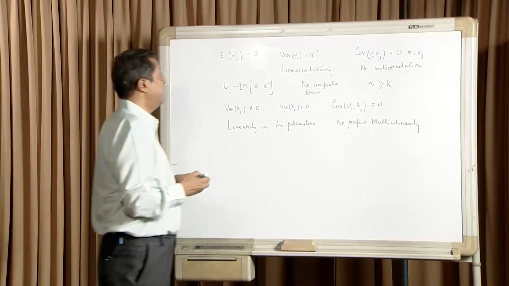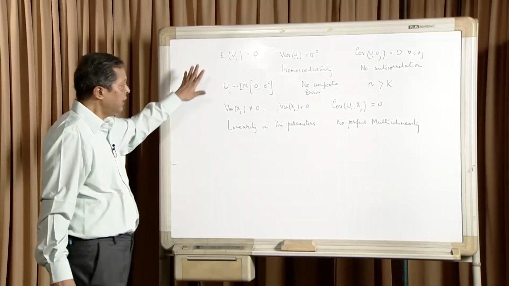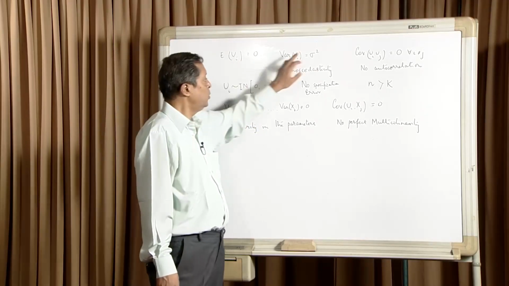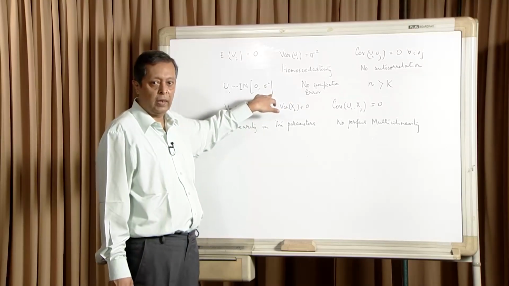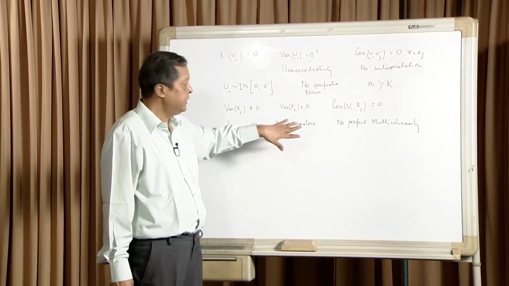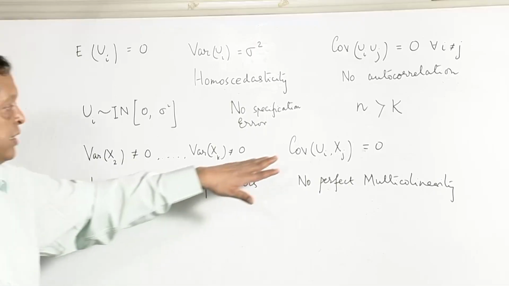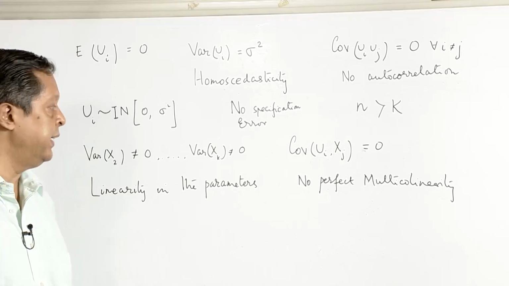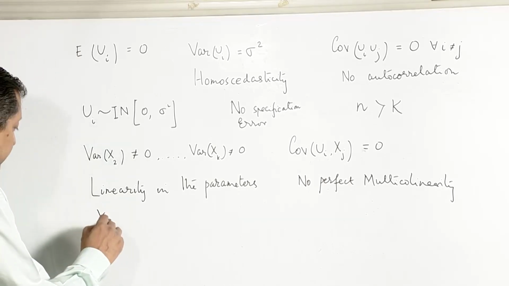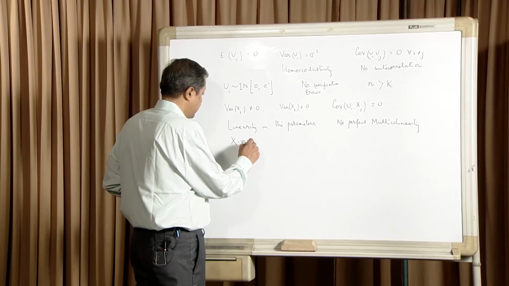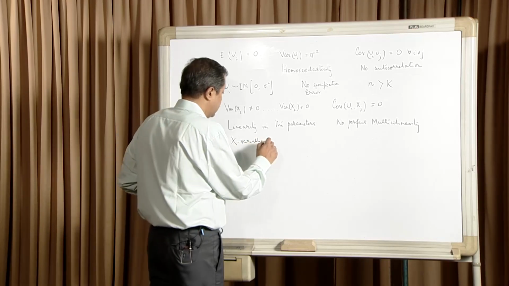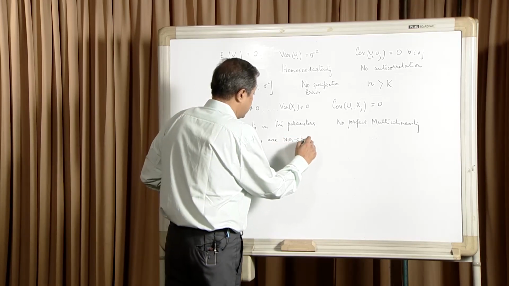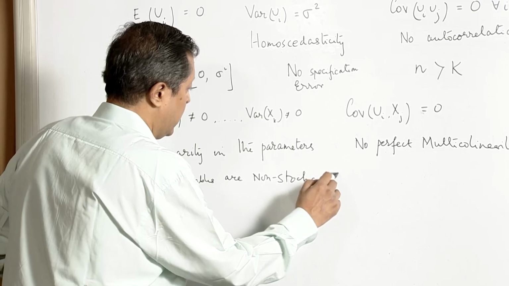No perfect multi-collinearity. So, these are the basic assumptions, but I repeat 1, 2, 3 and 4, these are fundamental, the others are ancillary. Moreover, this holds because we will be using cross section data, and in cross section data the x variables are non-stochastic.